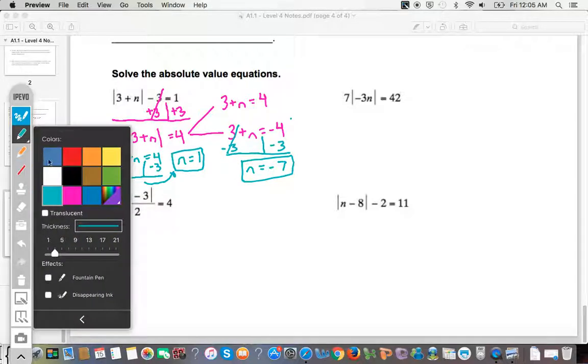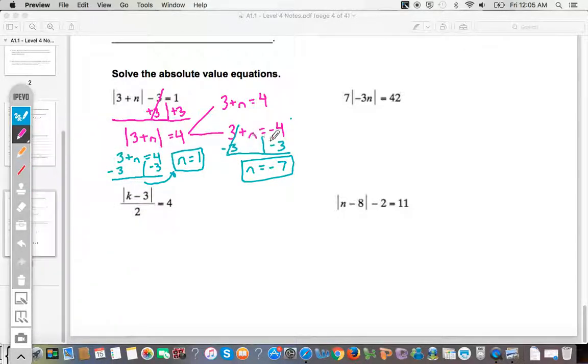Okay, now let's move over to this one. So I want to get that expression in between the bars by itself. So make my t, divide by 7, divide by 7. 7 divided by 7 cancels.